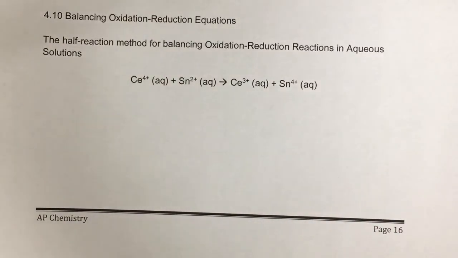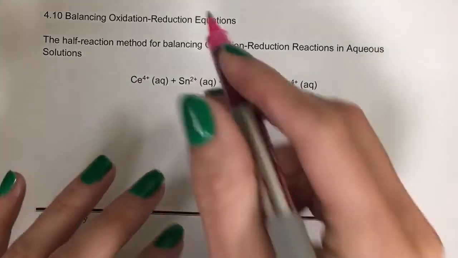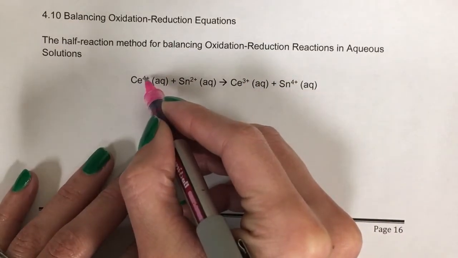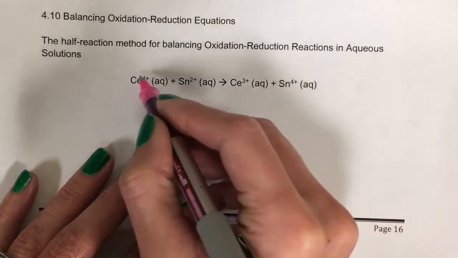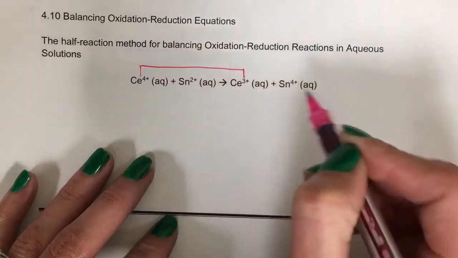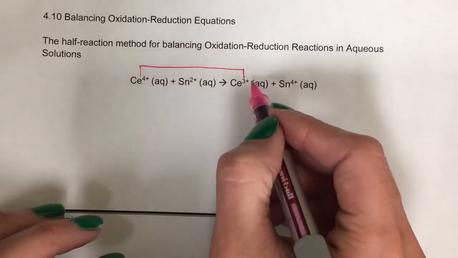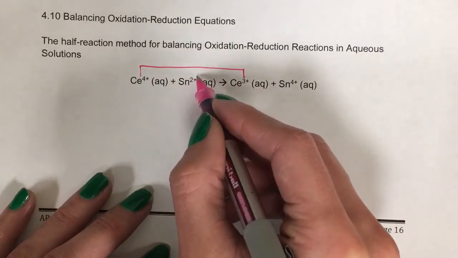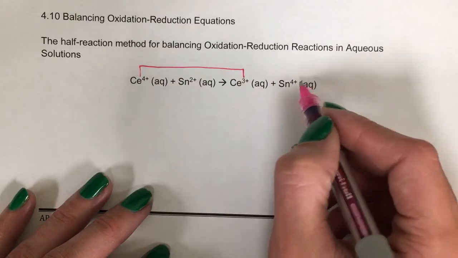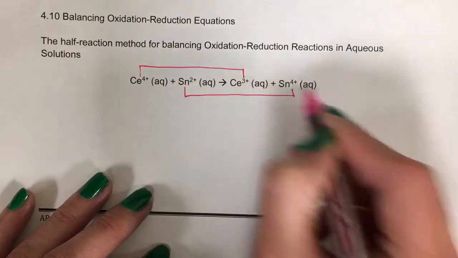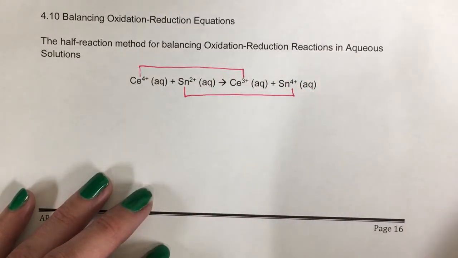What I'm going to do is break this into 2 half reactions. So here's what a half reaction is. I've got Ce4+ going to Ce3+. That would be one reaction. I've got tin 2+ going to tin 4+. That would be my second reaction.